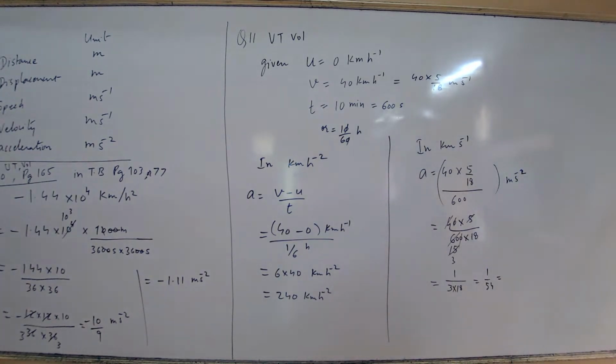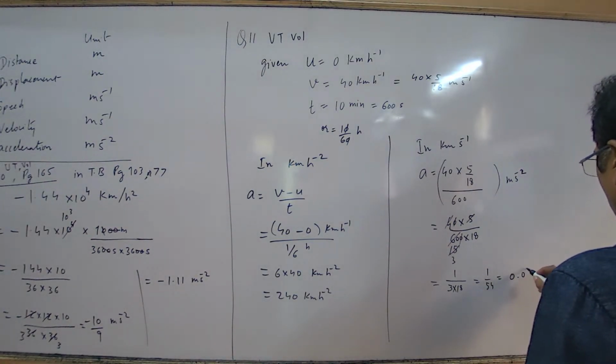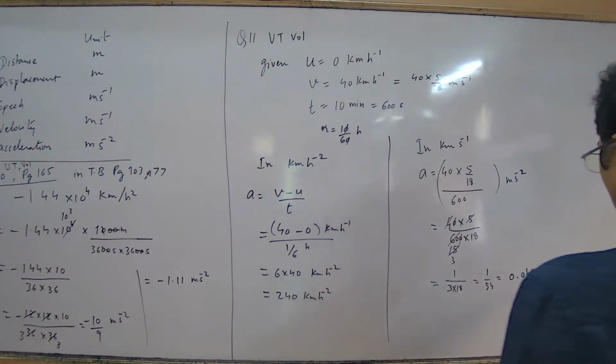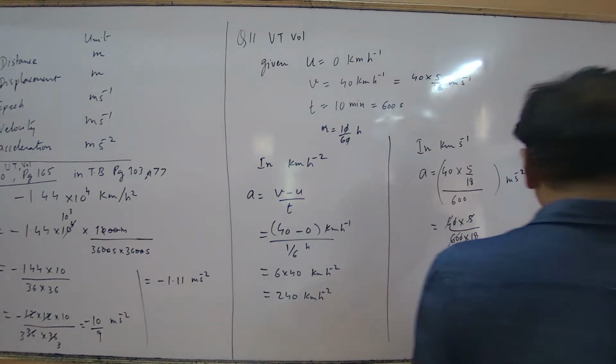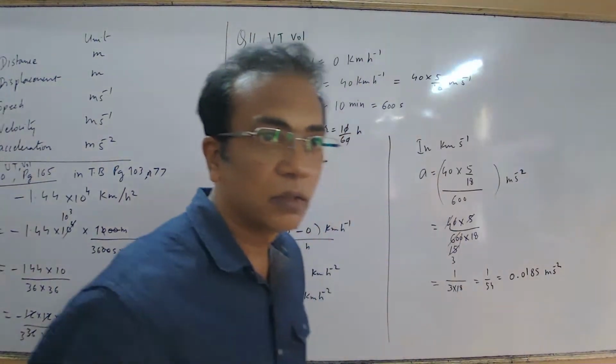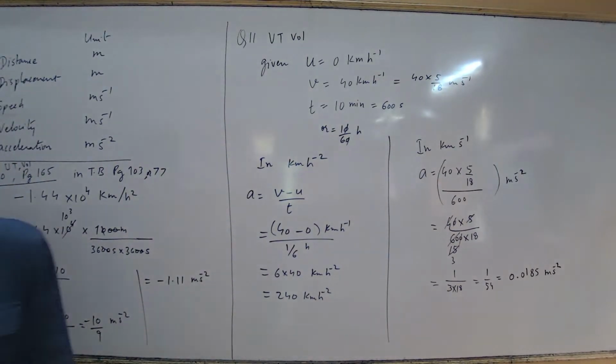How much is 1 divided by 54? 0.0185 meter per second square. Is this the answer? 0.0185 meter per second square.